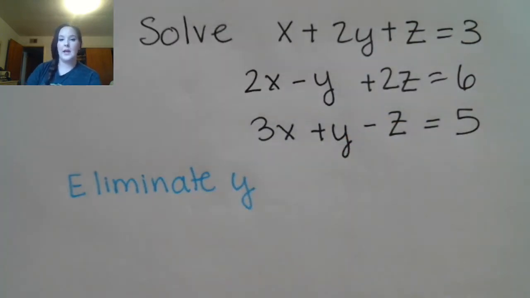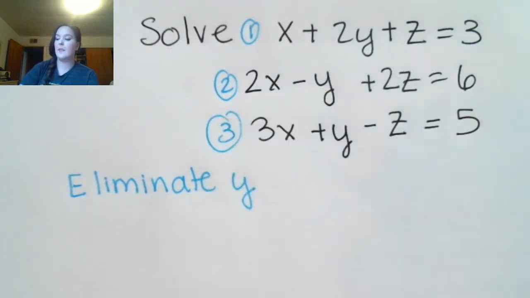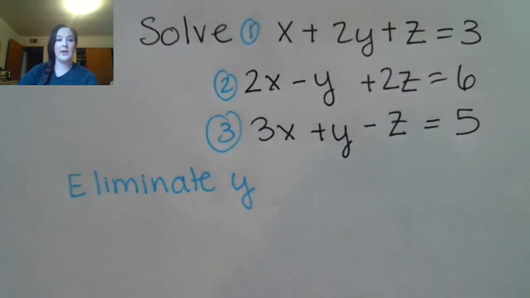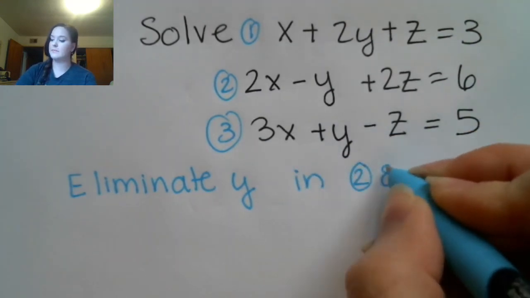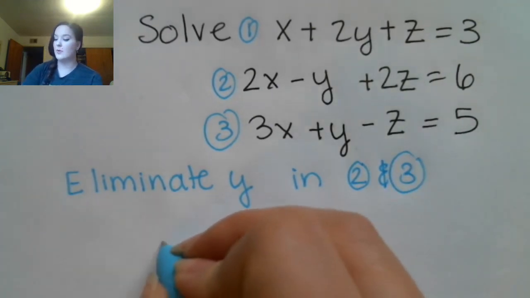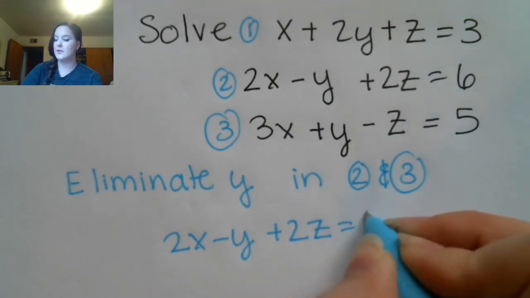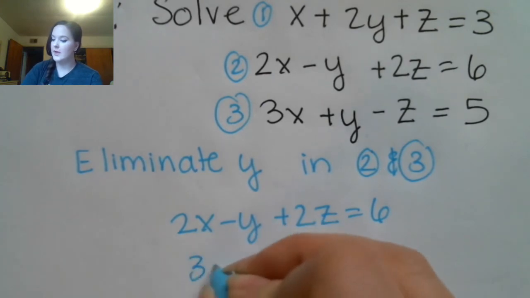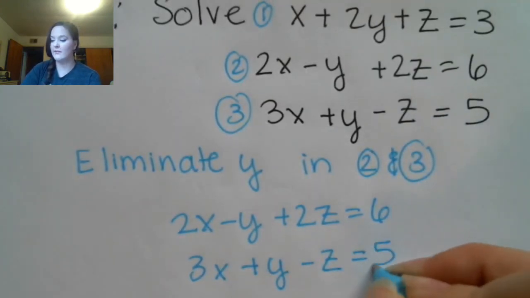Okay, and the obvious choice, I'm just going to label my equations, is to use 2 and 3 because these two are already opposites. All right, so I'm just going to copy those 2 equations down. 2x minus y plus 2z equals 6. And then 3x plus y minus z equals 5.